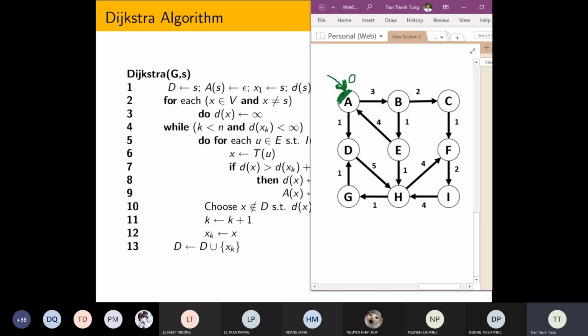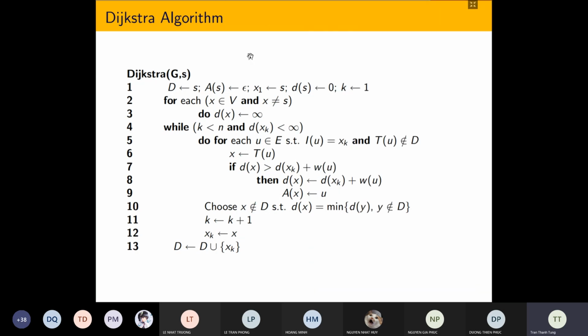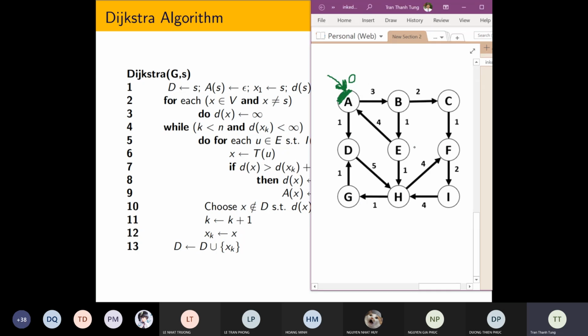Then we try to use all of the edges that go out from that node, the outgoing edges, in such a way that the terminal is not in the marked set. So here from A, we can go out to B and D. If B and D are not marked yet, we can use them, update the value, and continue.